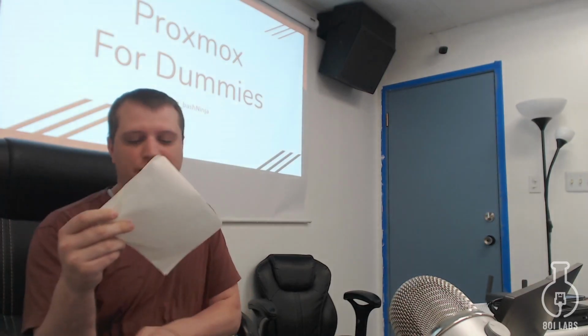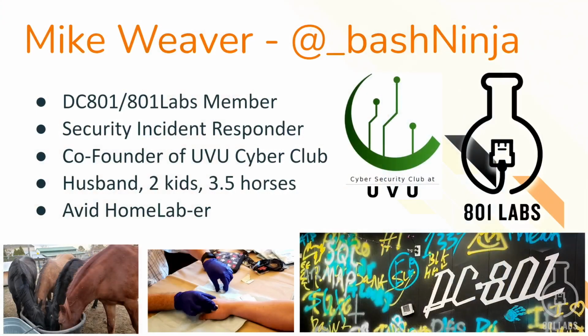Let me pull out my list so I remember. So let's get started. First, who am I? My name is Mike Weaver. My Twitter handle is bashNinja. I am a DC801 Labs member. Professionally, I work in incident response as an incident responder, doing computer security.